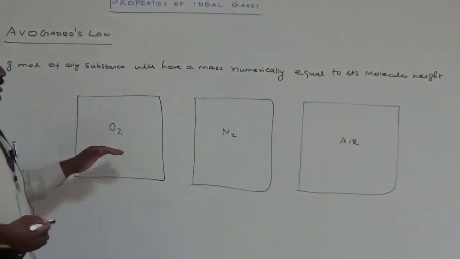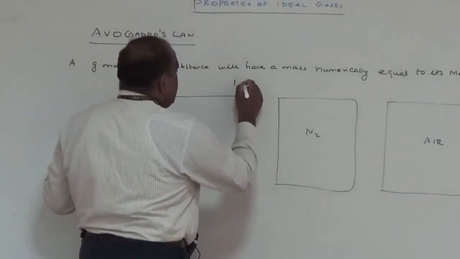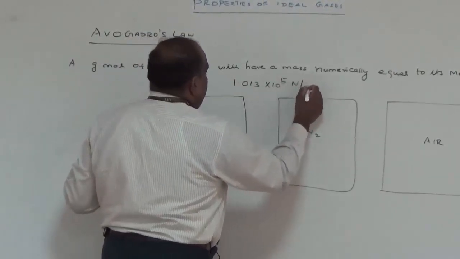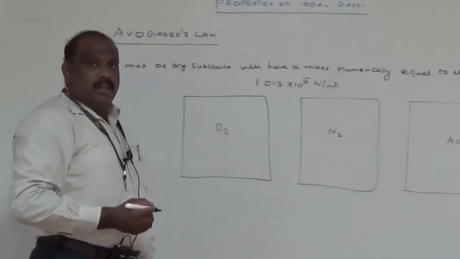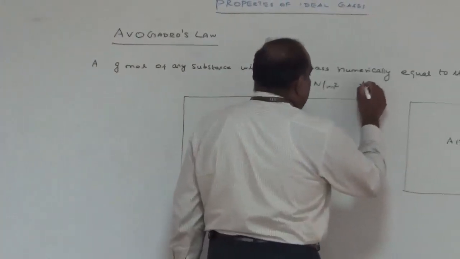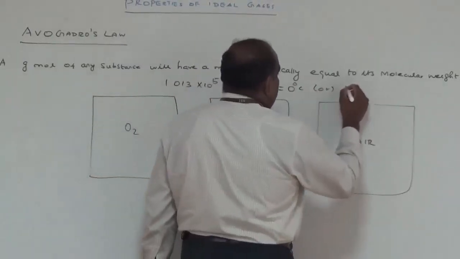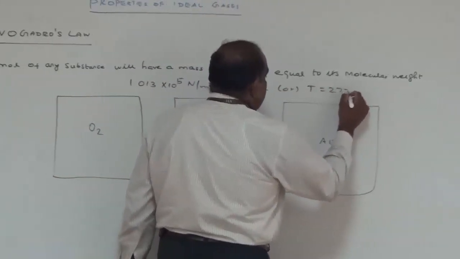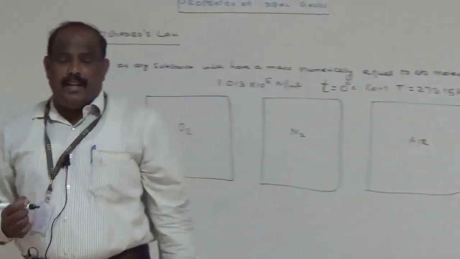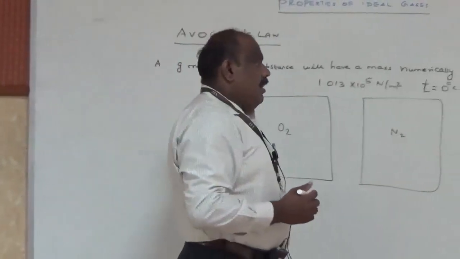Now all this oxygen, nitrogen and air are going to be at 1.013 into 10 power 5 Newton per meter square, or 1 atmospheric pressure. And they are going to be maintained at a temperature of small t equal to 0 degrees Celsius, or capital T equal to 273.15 Kelvin. So I have taken oxygen, nitrogen and air. What do the conditions mean?